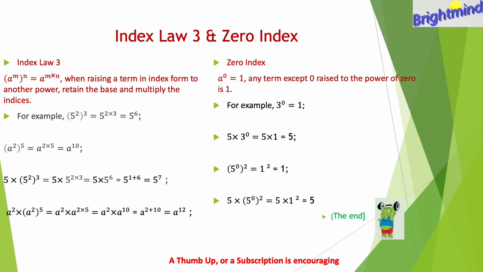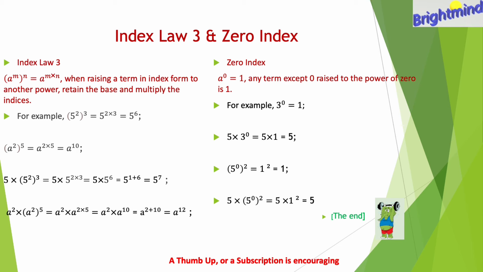We look at the third example. 5 multiplying bracket 5 to the power of 2, bracket to the power of 3. With this question, we firstly use index law 3 to raise the power: 5 to the power of 2 to the power of 3 gives 5 to the power of 2 multiplying 3, which is 5 to the power of 6.